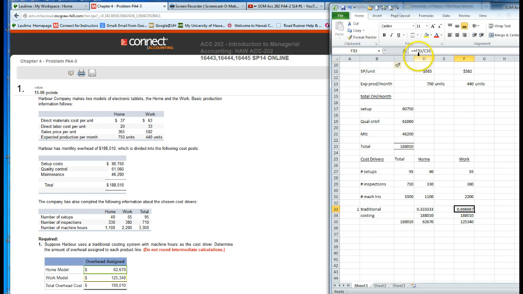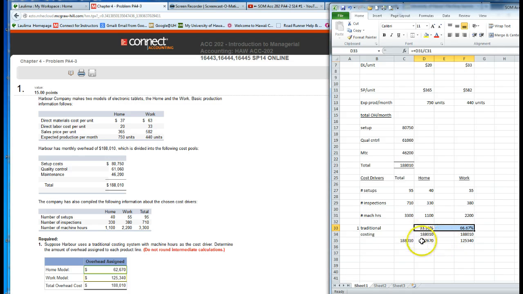And this calculation is F1 divided by C1, so the total machine hours for work divided by the total. And as you can see, the results are 33% and 67%. If we were to change the decimals into percentages, that's what it would come out to be, 33.33% and 66.67%. So it doesn't matter if we leave them as decimals or show them as percentages. The number is the same.